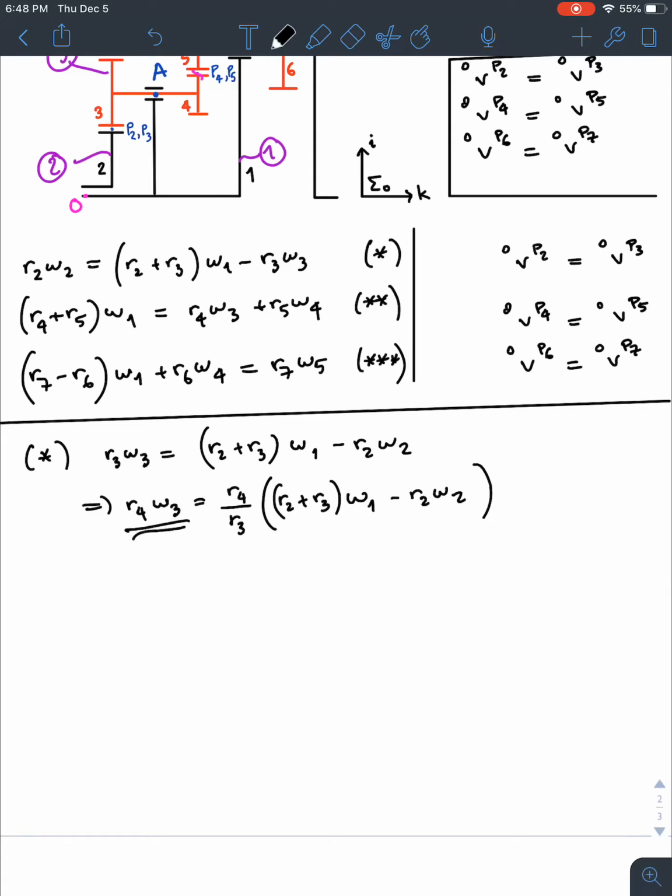Okay, why did I compute this? Well, I see that exactly over here in the second equation, that's why. So I take that, plug it all the way over here.